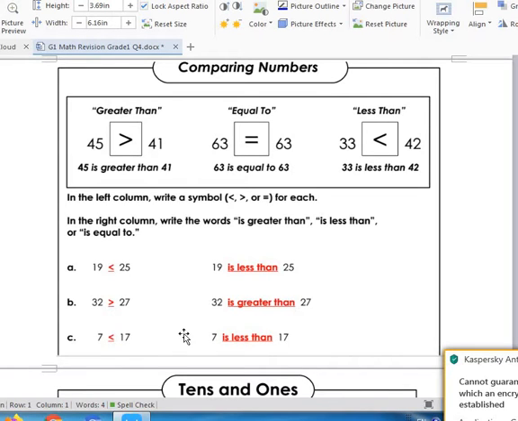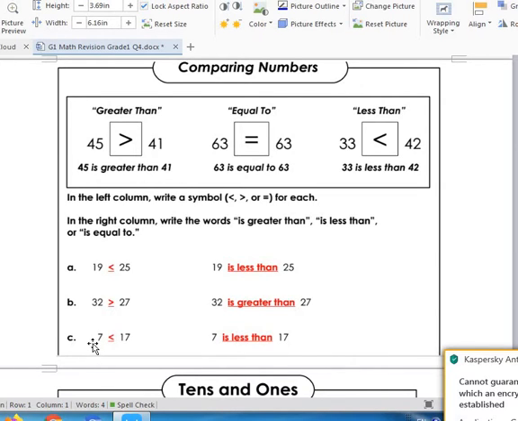7 and 17. Here 7 is ones. I have to know whether it's ones, tens or hundreds. When the number comes alone, it's ones. Here I have tens and ones in the other number.